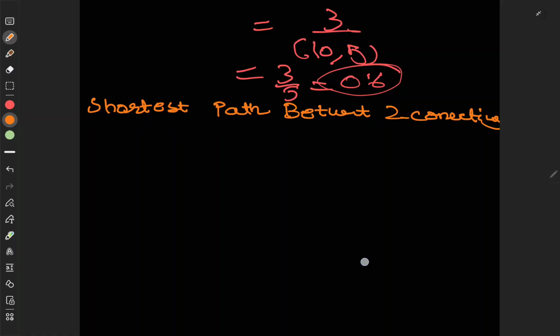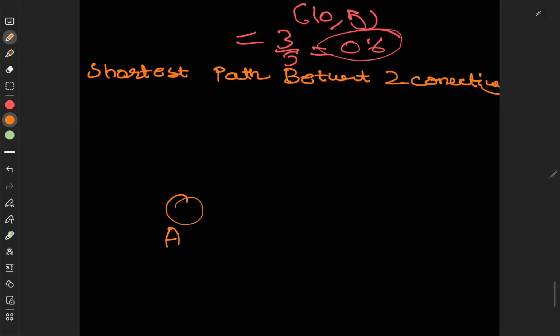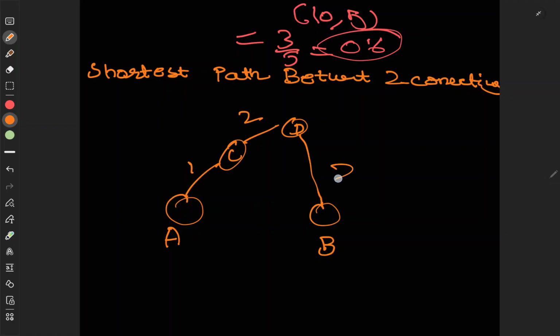What I mean to say is, let's say there is this guy A, there is this guy B. Now, A has a friend C, who has a friend D, who has friend B. So you see, how many hops do I need to reach this point? 1, 2, 3. It's three hops. Three connections later, I was able to reach B. So if the path is very short, then there are high chances to connect, right?